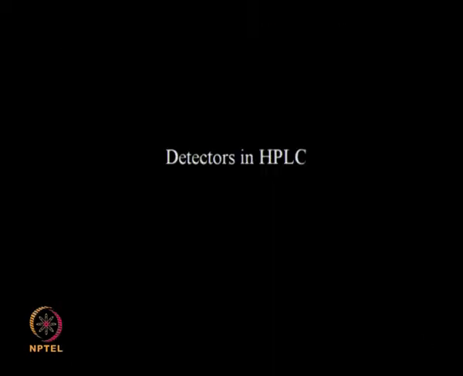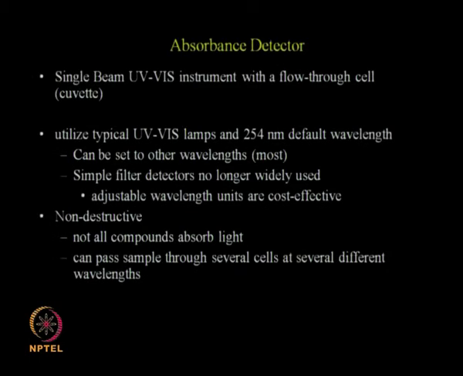Okay. Now let us look at detectors in HPLC. As I said, detectors play a very important role, and there are different types of detectors depending upon the application you are looking at. The most simple one, which I mentioned last time also, is the single beam UV visible.